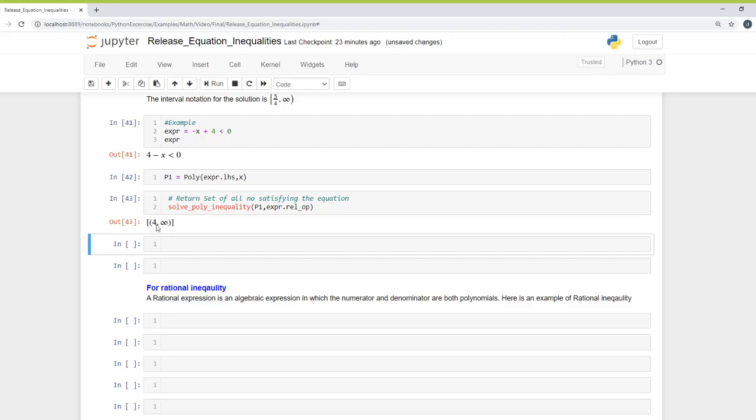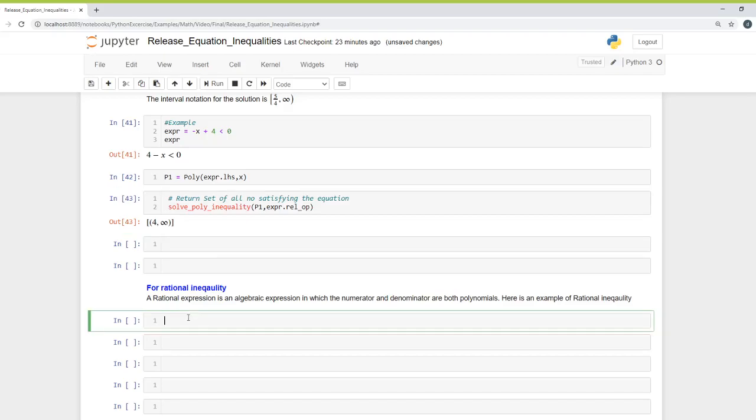If you take this value, 4 - 4 less than 0 is not true. 5: 4 - 5, that is -1, less than 0, yes. 6 up to infinity, all values satisfy this inequality. This is a simple equation, and from this you can get your answer.